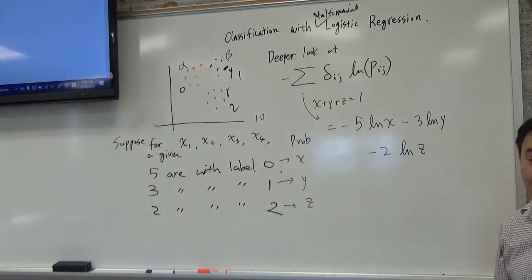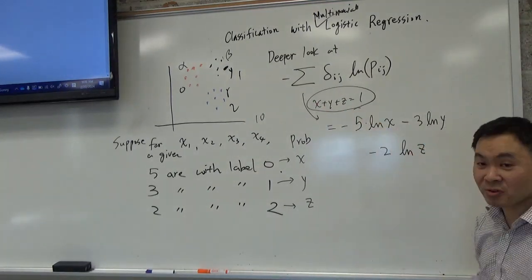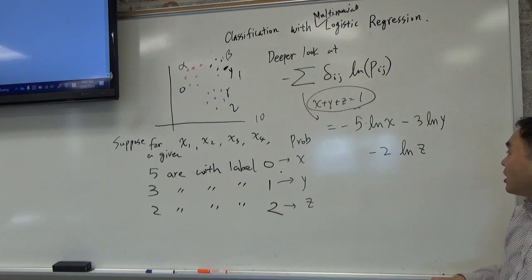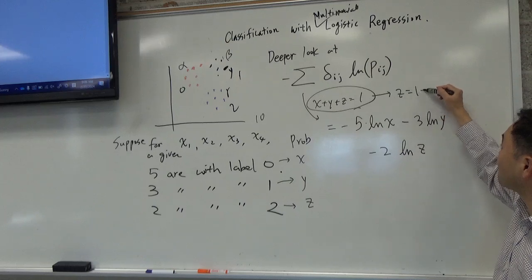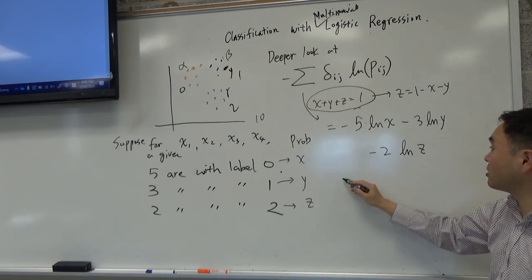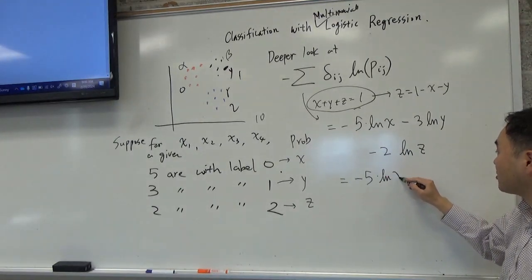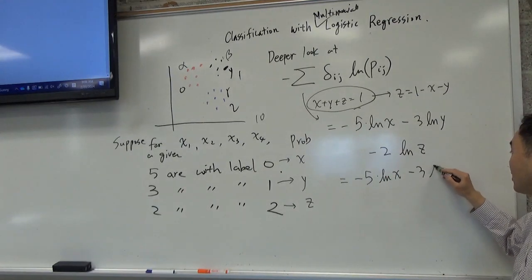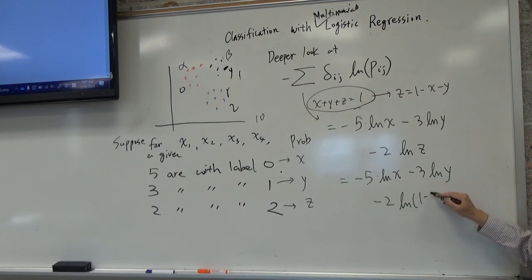So under this condition, we have this function. Now, since this is true, we can solve for z and say z is 1 minus x minus y, and replace the z here and then say, oh, this is negative 5 ln of x minus 3 ln of y minus 2 ln of 1 minus x minus y, right.